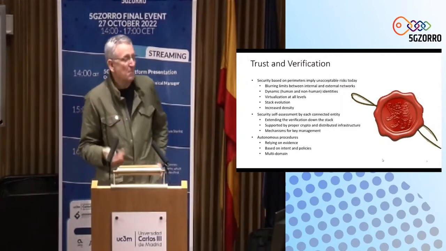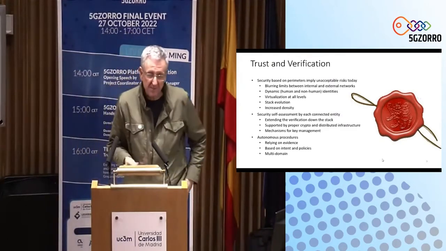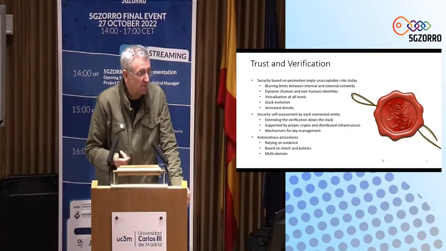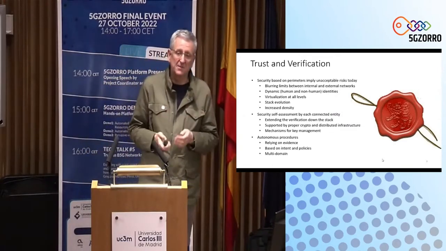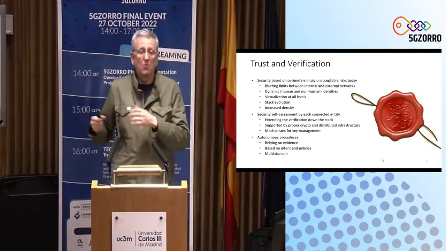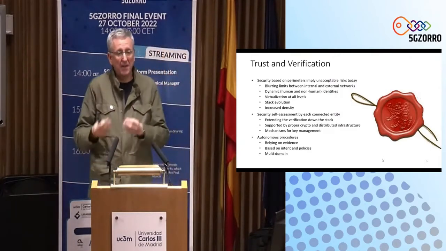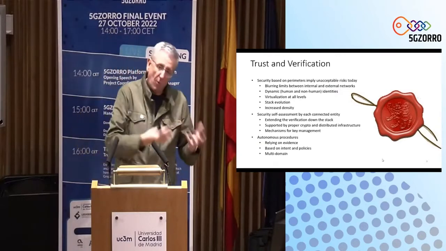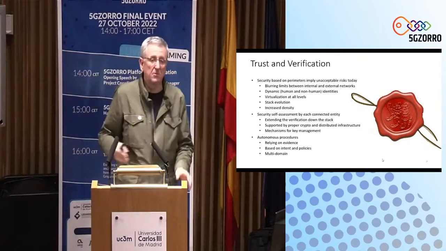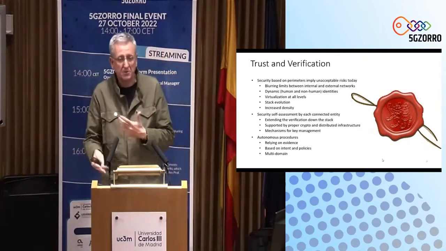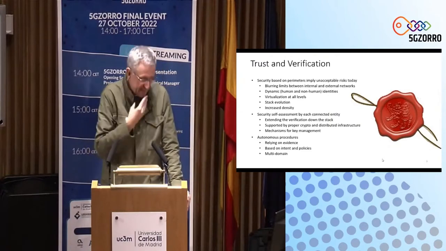You need to have mechanisms to establish trust dynamically and to consume what is referred to there as a security self-assessment. The idea is that whatever the entity, using mechanisms that can be trusted, can make an assessment of the security state, and that can be dynamically evaluated, as we were seeing before when we were talking about trust and automation, and a decision can be taken.